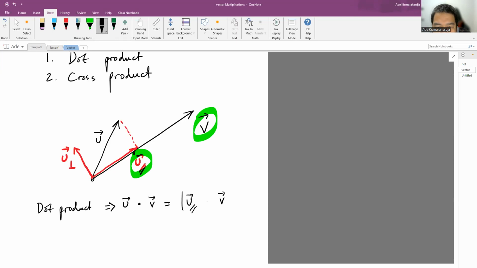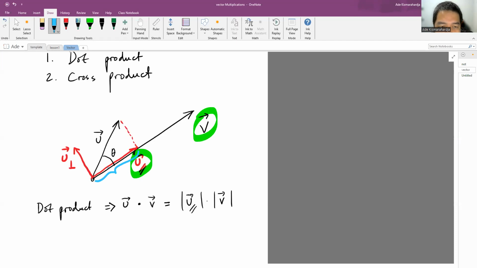So what is that? Now when you multiply these two components, so for example, we have u parallel, and then let's suppose now we have an angle. You see, we have vector u and vector v, and there is an angle between them here, for example, theta. Now, if you want to get the magnitude of dot product here, which essentially we are now calculating the length of this, and then times the length of v.